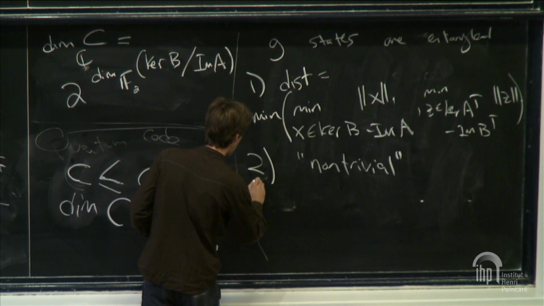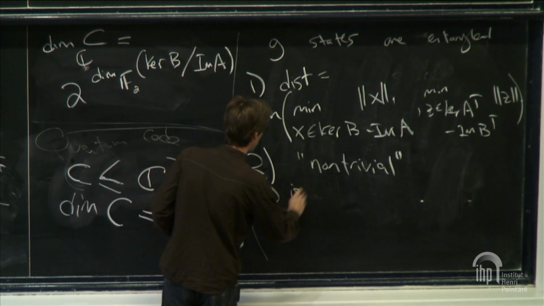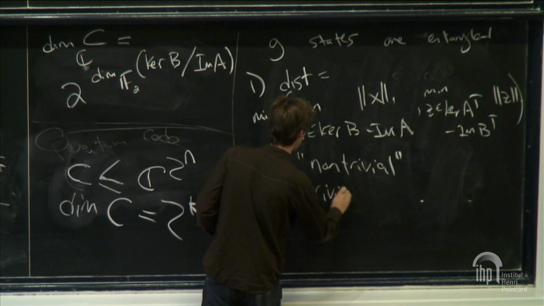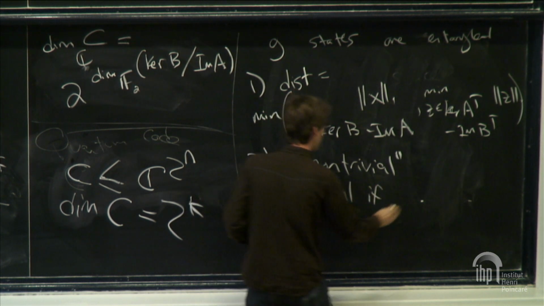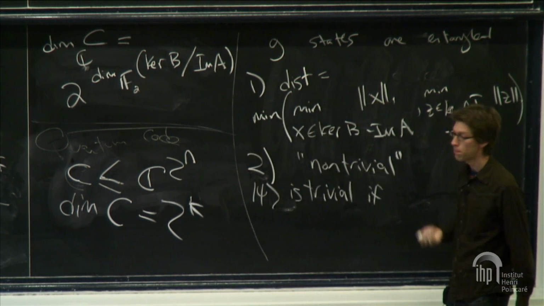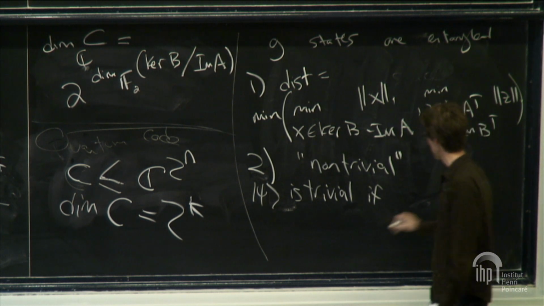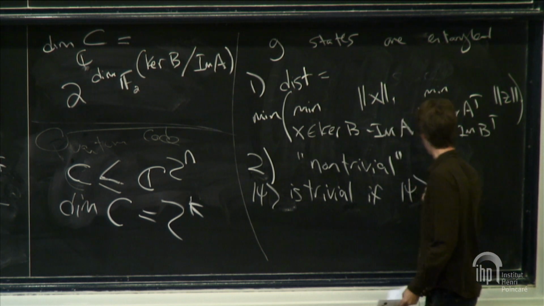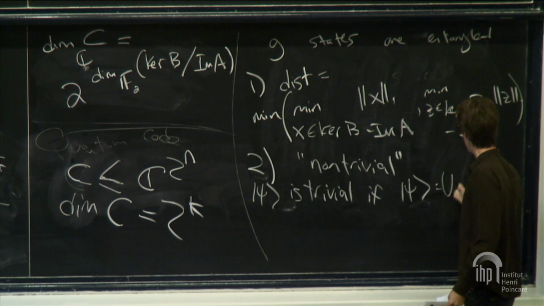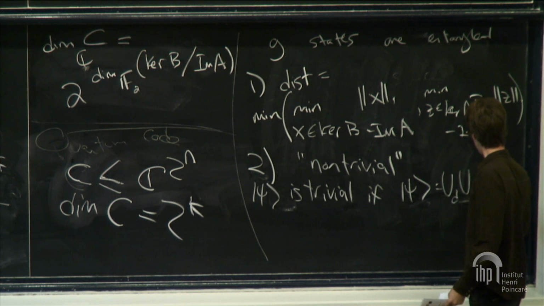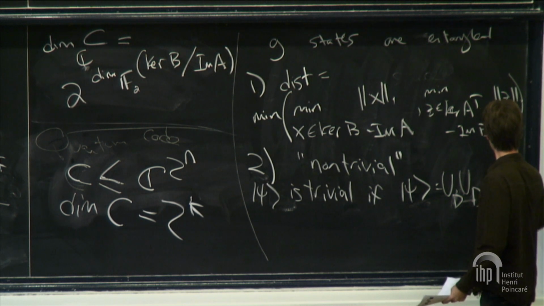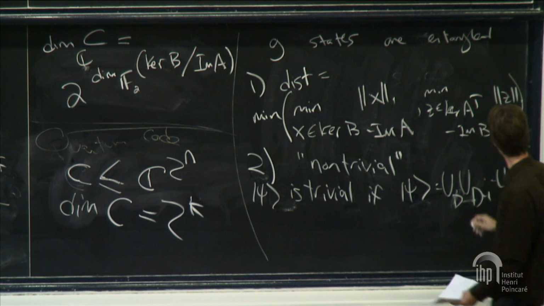We say that a state psi is trivial if you can prepare it like this: psi is U_d, U_{d-1}, through U_1, applied to 0 tensor n.